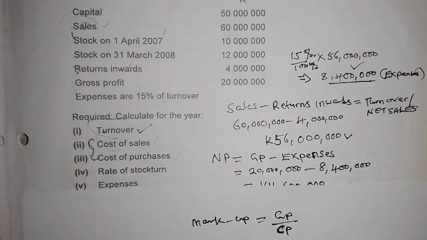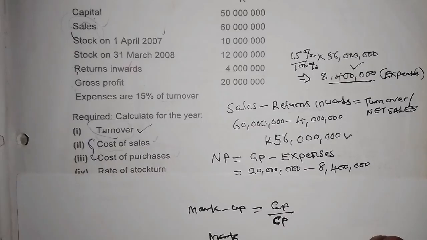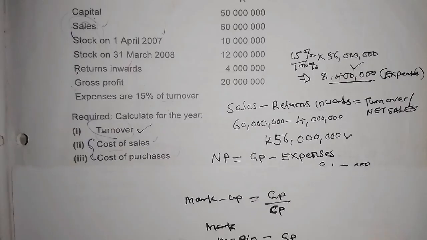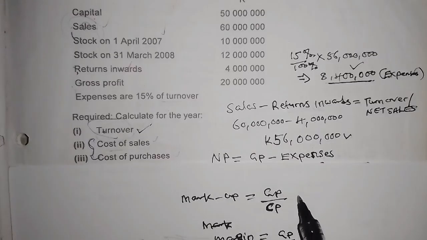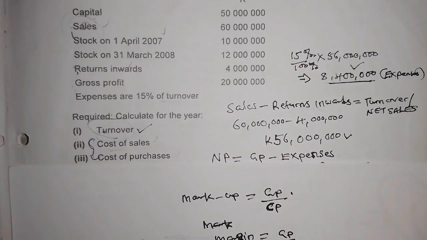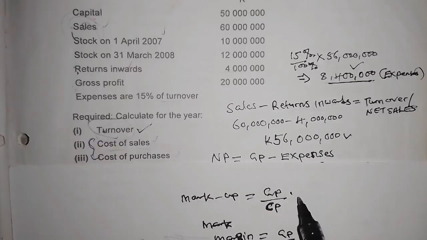So GP over cost price, multiplied by 100.